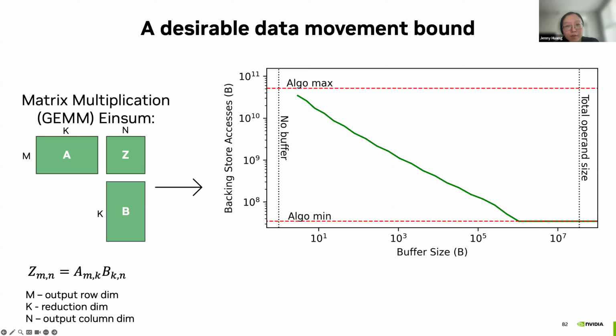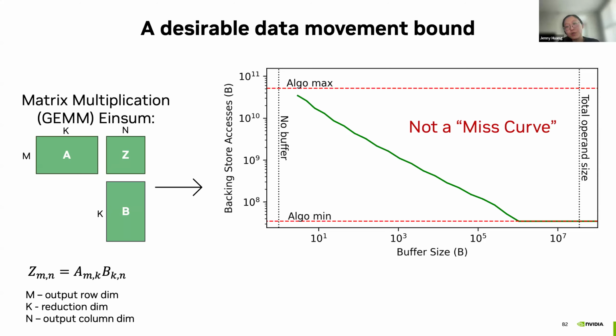In order to look at the impact of mapping and buffer sizes, it would be nice to have a diagram like the one on the slide for each target tensor workload. In this diagram for a GEMM workload, the x-axis is the buffer size, and the y-axis is the amount of traffic to the backing store that is achievable with any mappings or schedules.